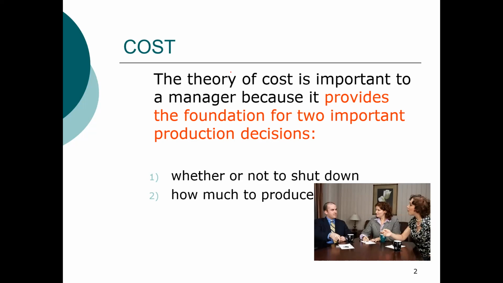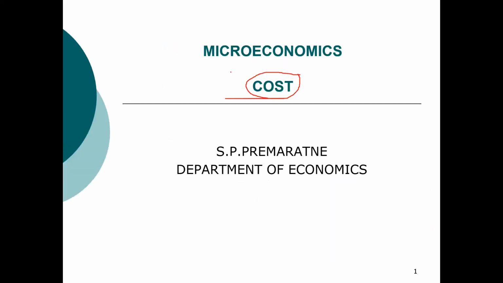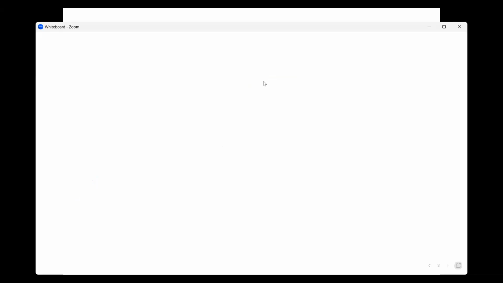But like I mentioned before, the cost and production sides are the same coin. Why do I say that? If you look at the production side, for instance, if you remember, we had the average production curve.